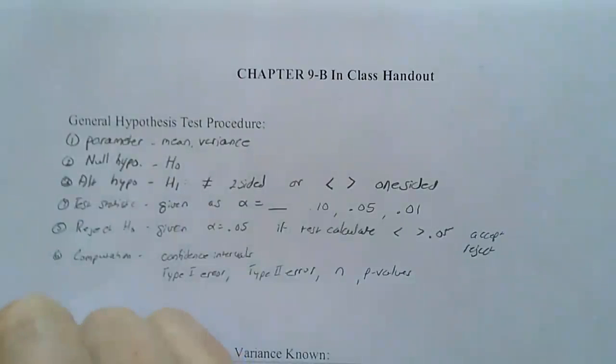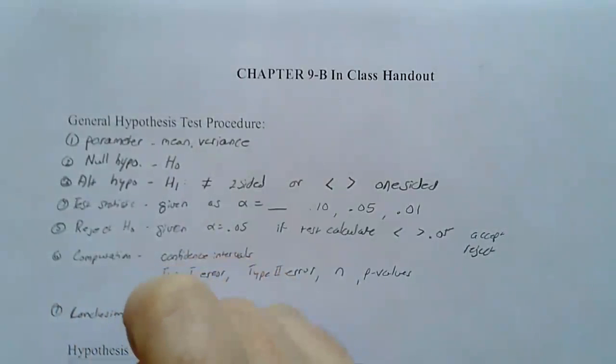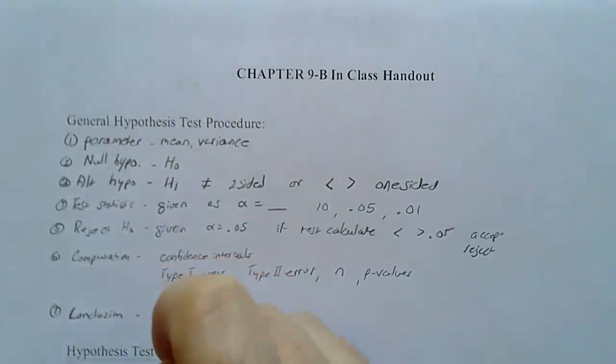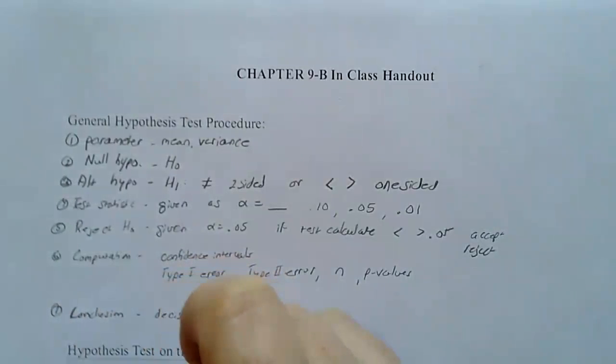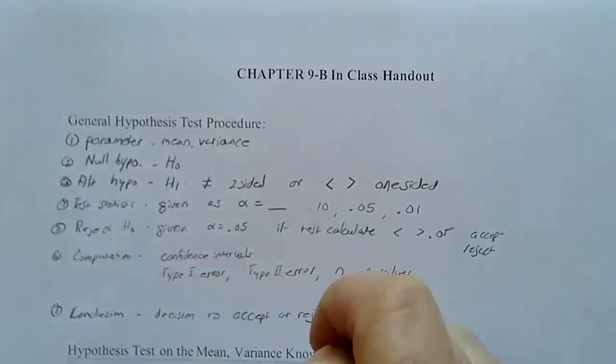And so that's the last step, is your conclusion. And this is what makes this class more than a math class, because you're making a decision to either accept or reject. And this is where in the real world you would be determining if your experiment was correct, if one opportunity was better than another, if you had two products and you were comparing and saying, does one product work as well as the other product?